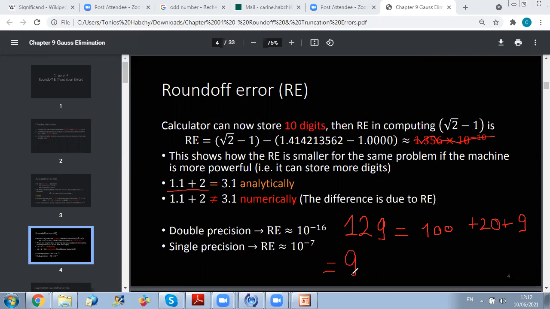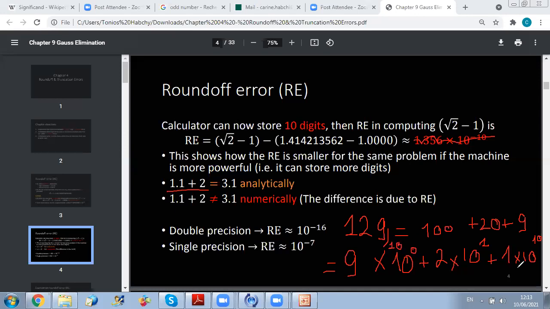So it's 9 times 10 to the power 0 plus 2 times 10 to the power 1 plus 1 times 10 to the power 2. And when I say I represent a number in decimal system, in decimal base, this means that I am working in a base of 10.